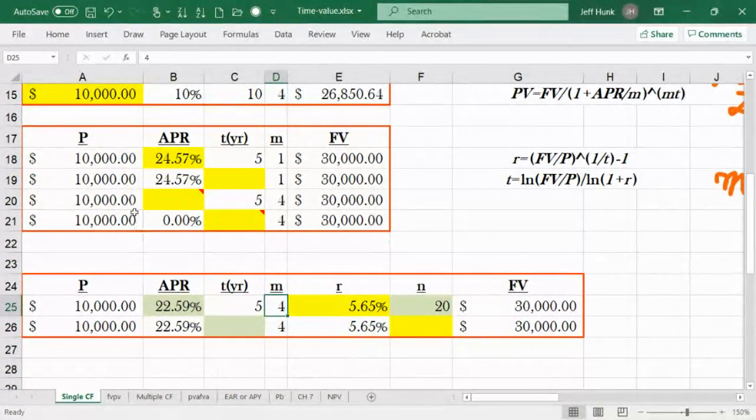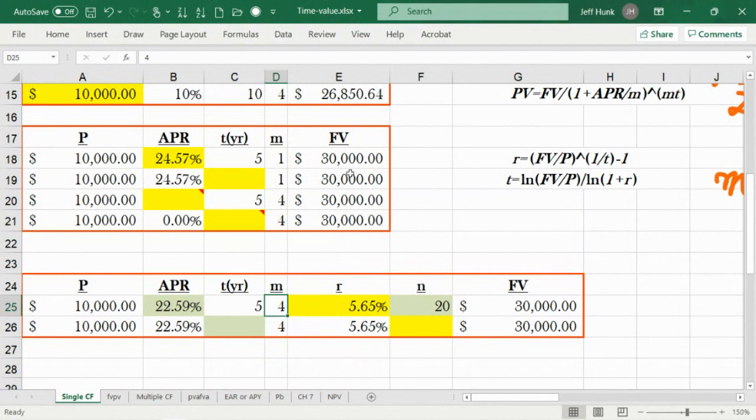So then, if I had the same 25% APR and compounded quarterly, the future value cannot be 30K. It will be greater than 30K, right?